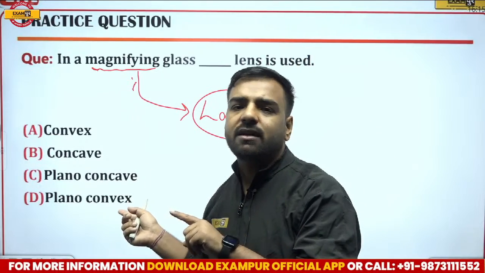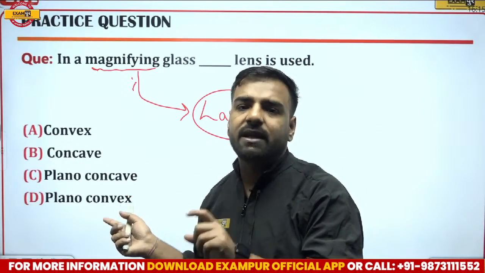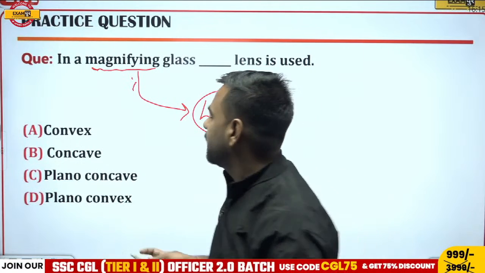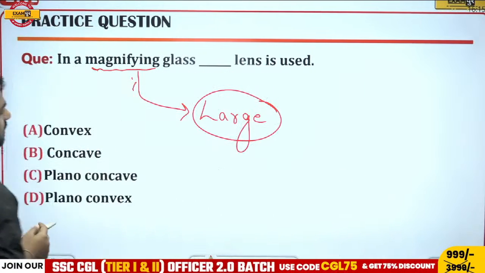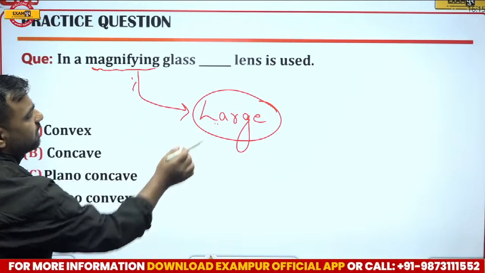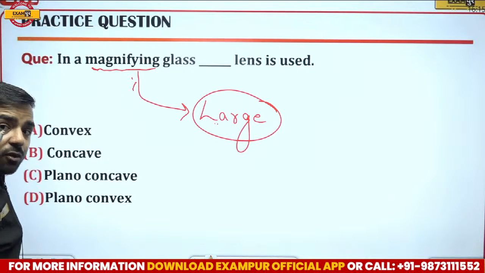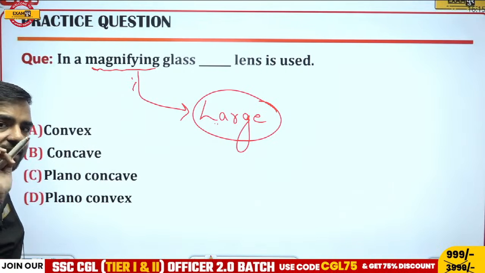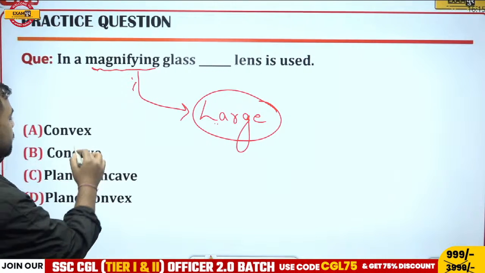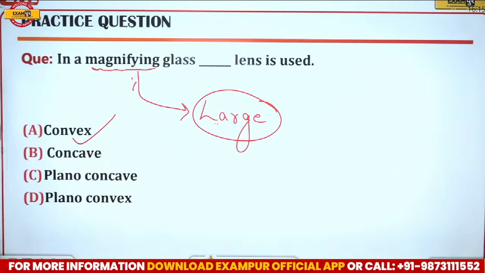Here the concave lens will be having lesser size. So what is the correct answer? For the magnifying glass, you want a large image. For the large image there it was the concave mirror. Here it will be the convex lens. So option number A, that is convex, will be the correct answer.